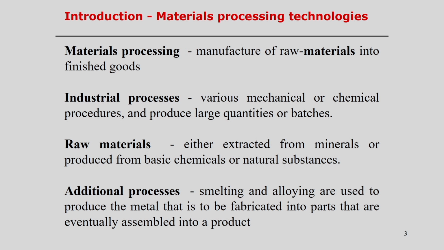But there are several steps involved in the conversion from the raw materials to the final product. That is associated with different kinds of manufacturing processes. It may involve casting, machining, welding, joining, heat treatment; so many processes may be involved in between. In general, we can say that these are material processing technologies.